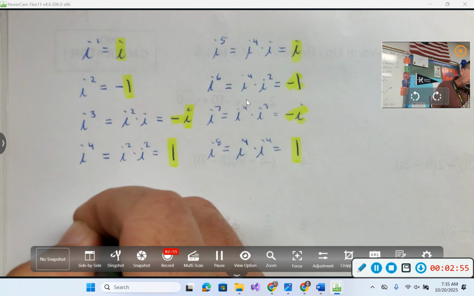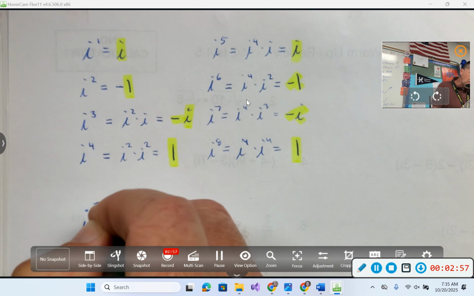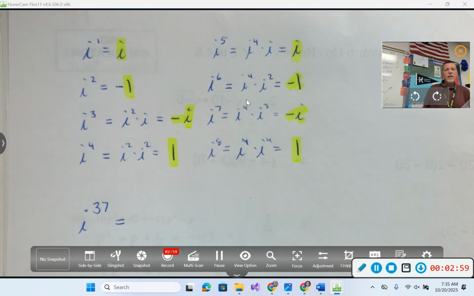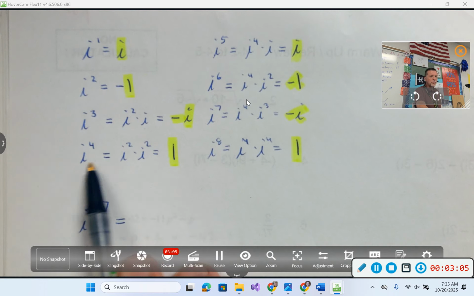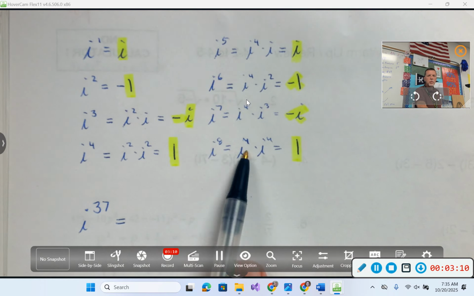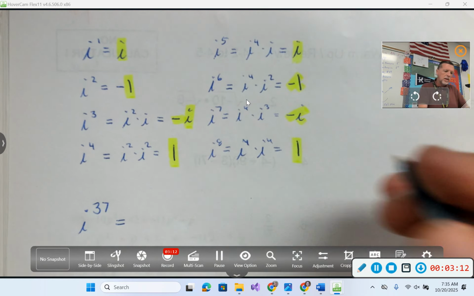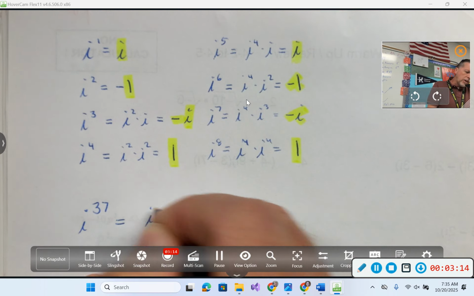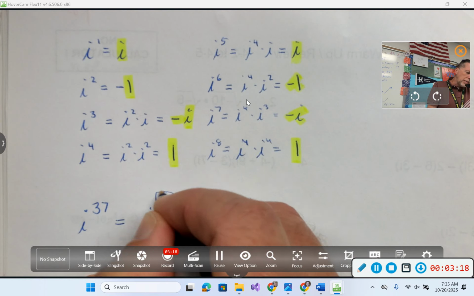And then if we ask for something like i to the 37th, let's see, all the multiples of 4 are equal to 1. So how could I split this up? What would be a good number to go there?